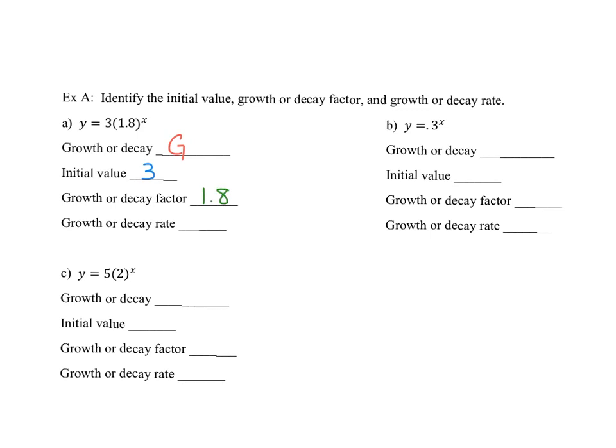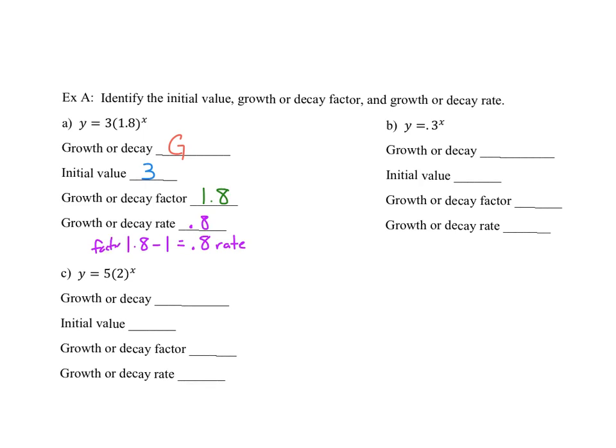But then the rate that is actually being changed by is how is it different from 1? Well, it's a difference of 0.8 from 1. So when I'm dealing with growth, I can do 1.8 minus 1 to give me my rate. And this was my factor.